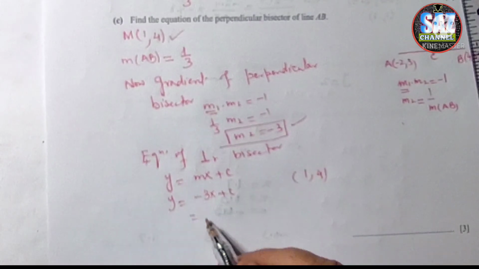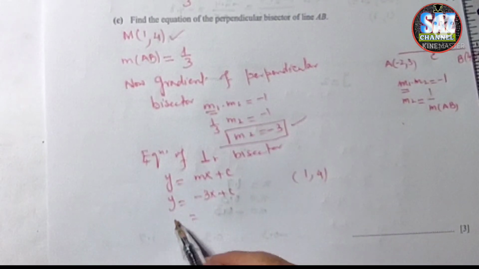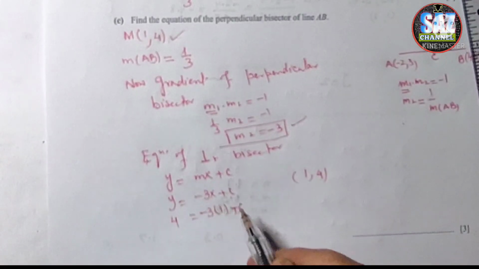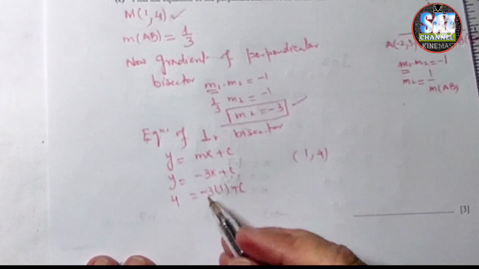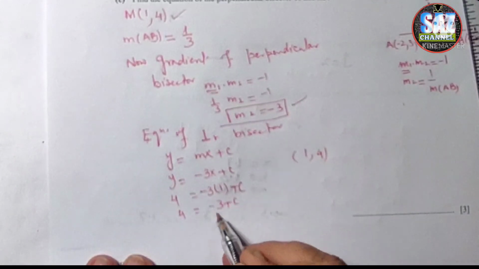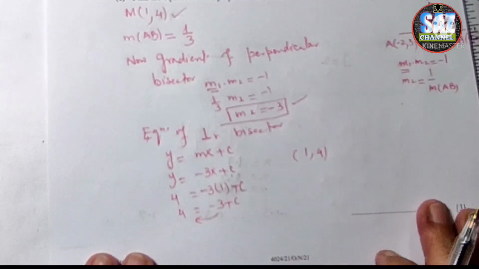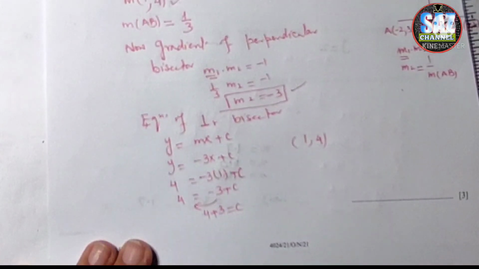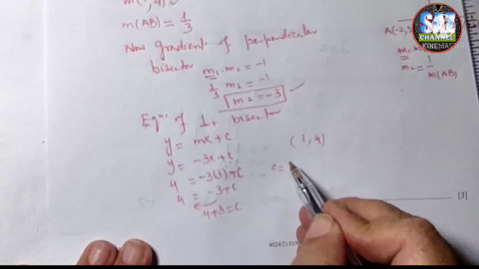X is 1 and y is 4. So -3 into 1 plus c, and now 4 equals -3 plus c. Shift this 3 to the other side. 4 plus 3 equals c, or very easy, c equals 7.